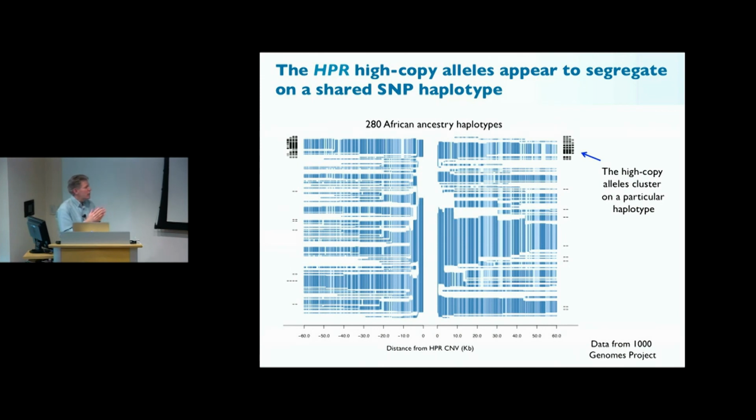So when you try to impute this, you can be fairly accurate to tell if somebody has this allele that tends to have high copy number, but to tell which duplication allele they have, which copy number, is actually much harder from surrounding SNPs. Probably because those high copy haplotypes are mutating faster than the surrounding SNP background.